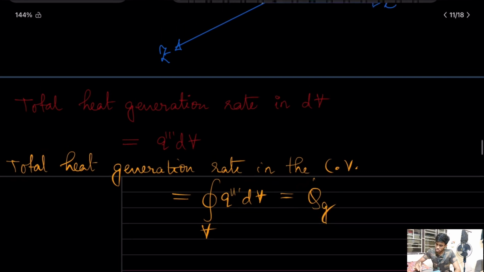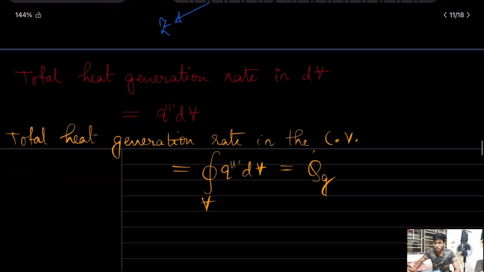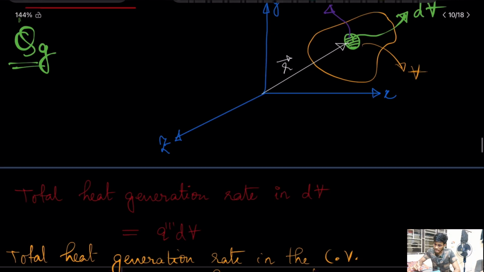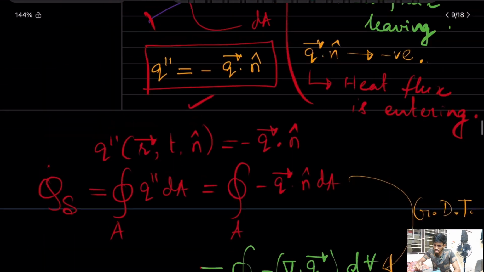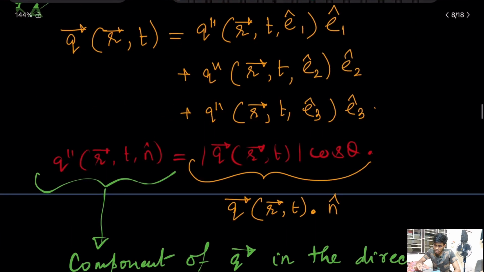Now we have an expression for Qg, and also an expression for Q dot S, and we have our basic thermal energy balance equation.